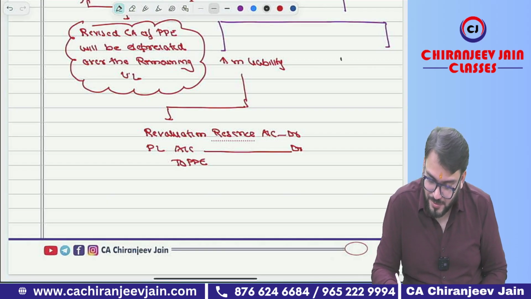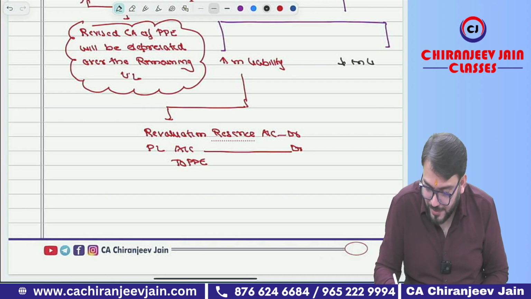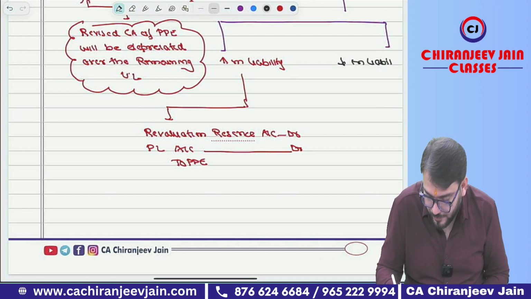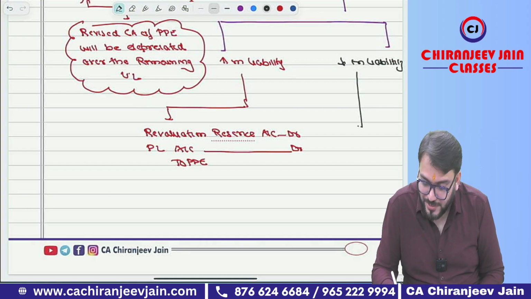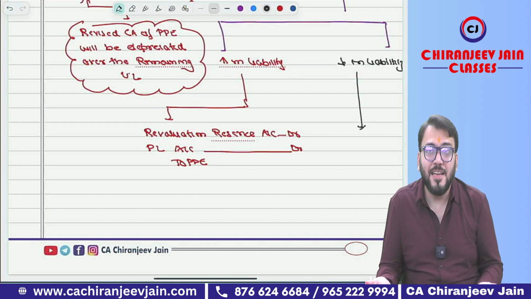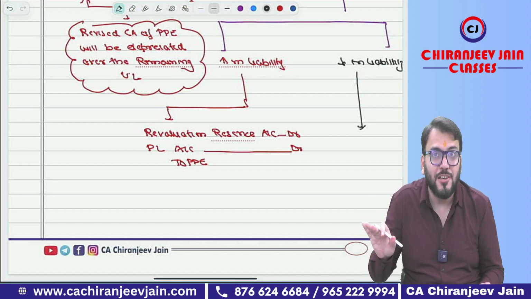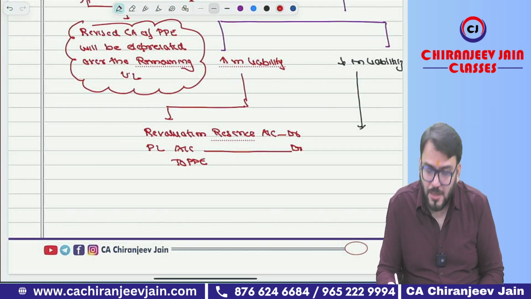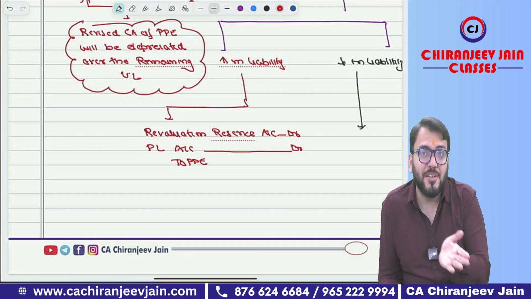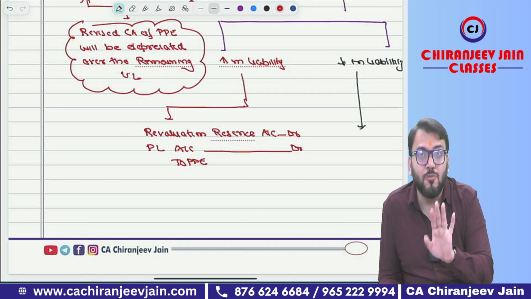Then coming to decrease in liability. Decrease means there is a gain. That gain will be transferred to revaluation surplus. What journal entry will we do? That also depends upon whether previously there was an upward or downward revaluation.